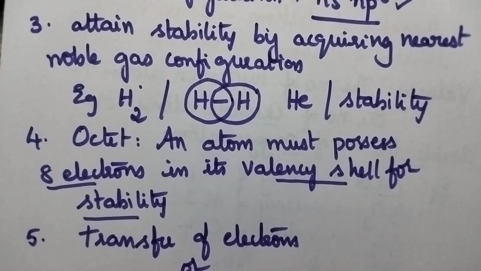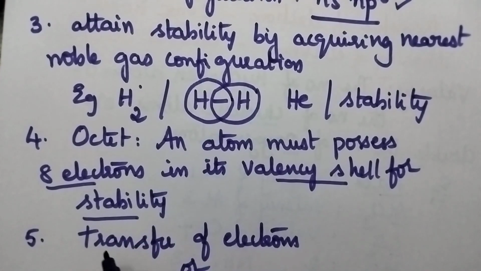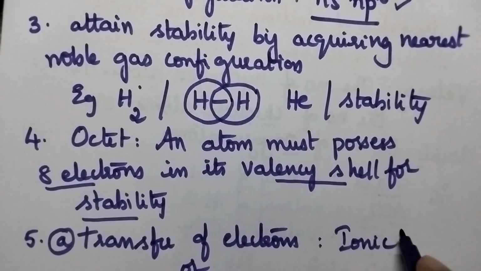So when we consider transfer of electrons, it results in the formation of an ionic bond, and always by the sharing of electrons a covalent bond is formed.